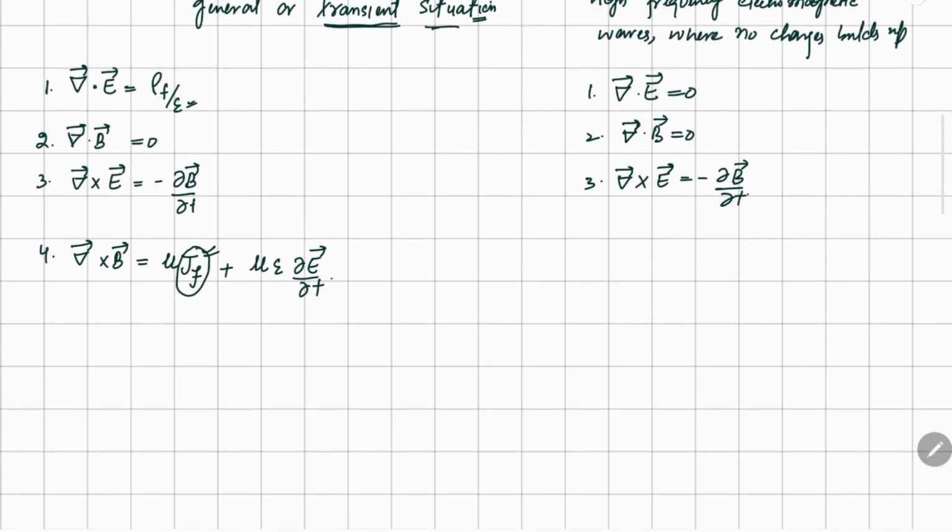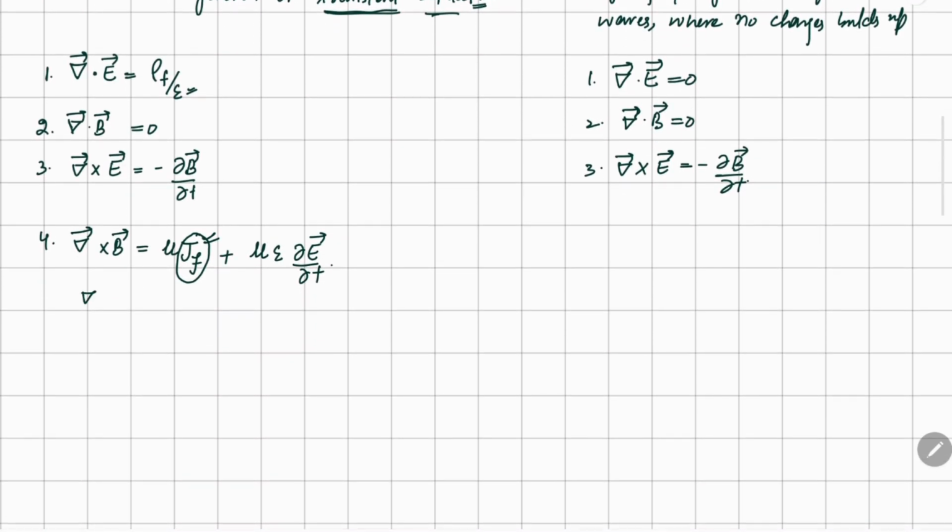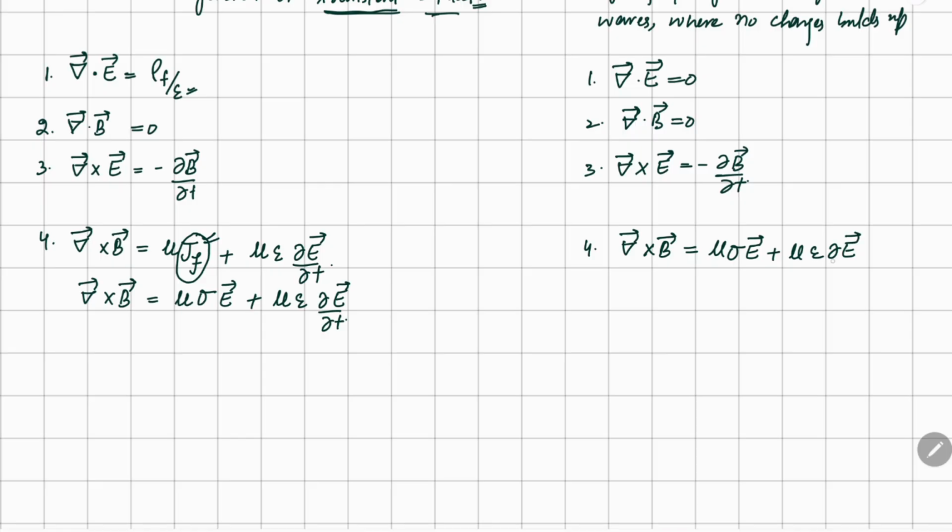So in place of Jf, we'll write sigma E. Del cross B is mu sigma E plus mu epsilon dou E by dou t. There is no problem in that. So similarly, we'll write here del cross B equals mu sigma E plus mu epsilon dou E by dou t.